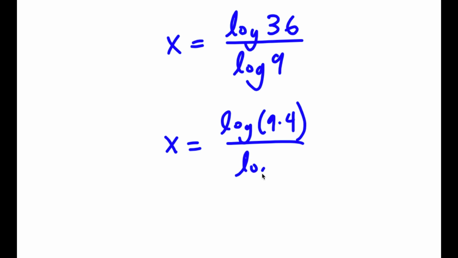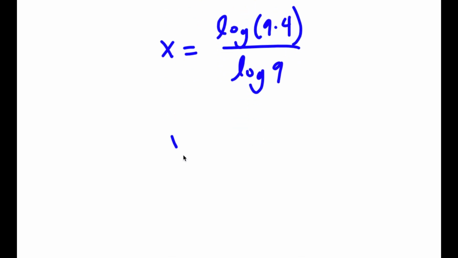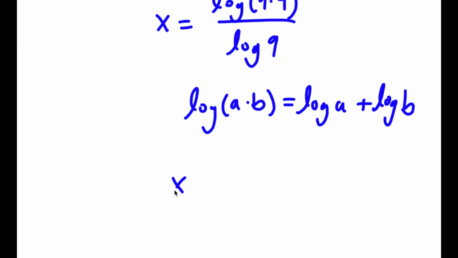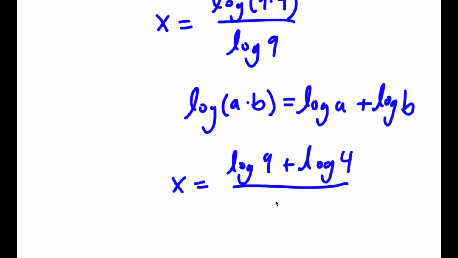So I have that over log of 9. And this is the same thing as, well, if I have something in the form log a times b, this is equal to log a plus log b. So log 9 times 4, that's going to equal log 9 plus log 4. And I have this over log 9.